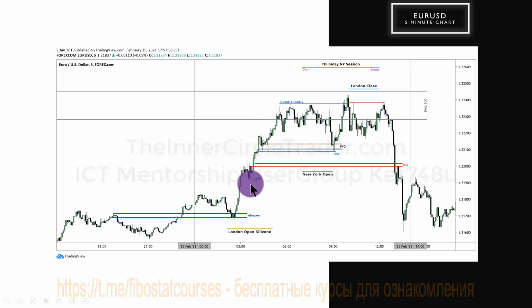So buying it on the first return back into a fair value gap while you're still in the London open kill zone, this is an institutional order flow entry drill. And you can be a buyer there and not be fearful that you're chasing. And this is also where those classic continuation patterns of a bull flag work. That's how you use the logic.